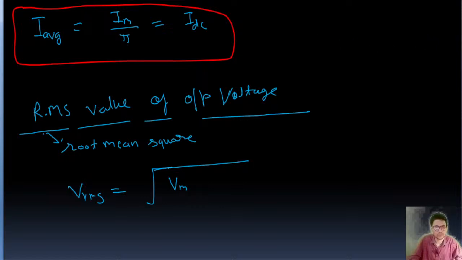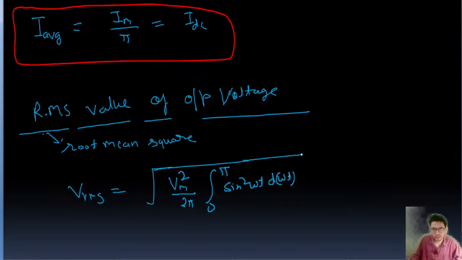So VRMS is going to be root of Vm square upon 2 pi, integration 0 to pi sine square omega t d omega t, plus pi to 2 pi 0.